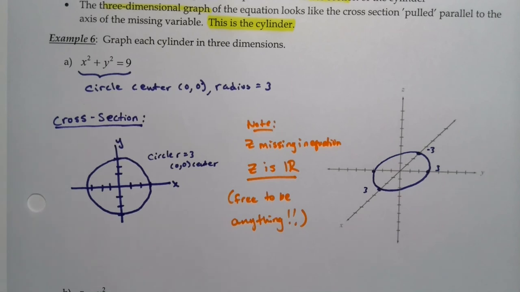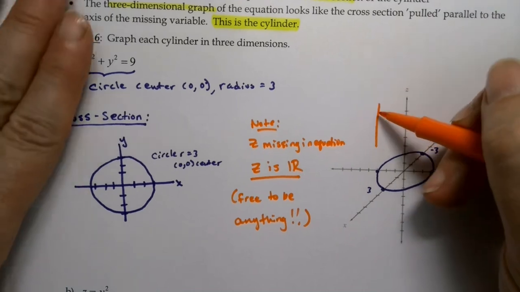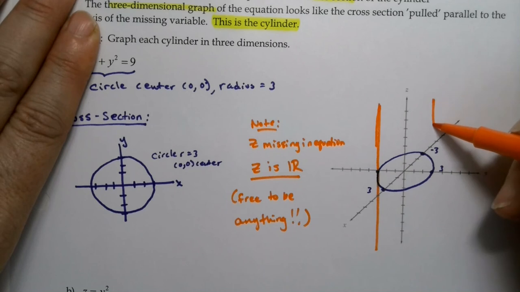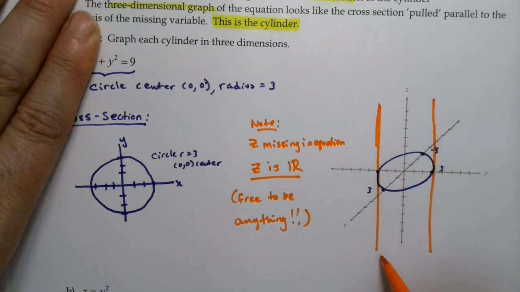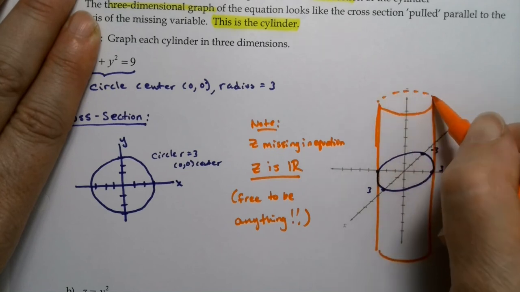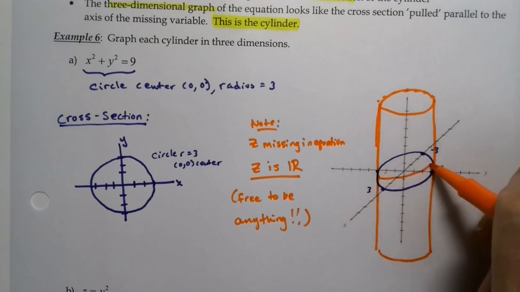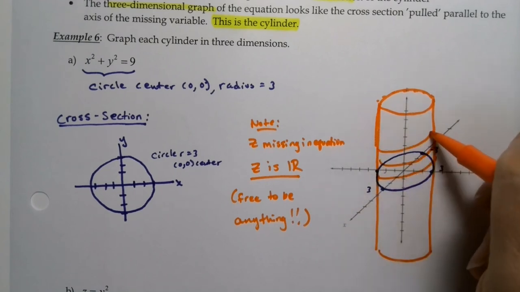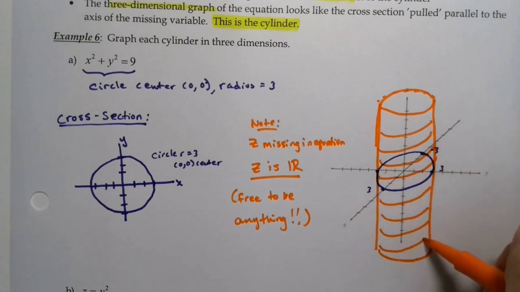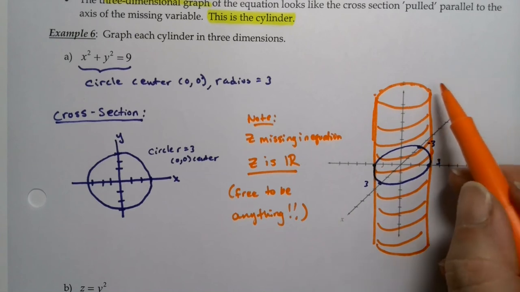And the trick is that z is allowed to be anything. So the up and down part, let's see if I can draw this straight, can be whatever it wants to be. So it's pulled, it's stretched, technically infinitely, in the z direction. And so we have, and it keeps going and going. Z is anything.